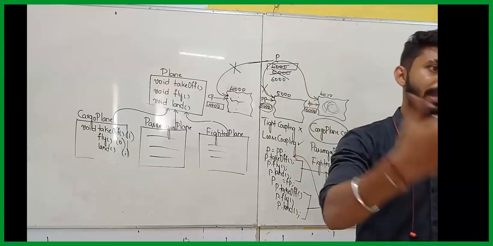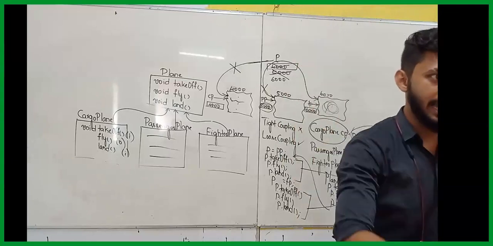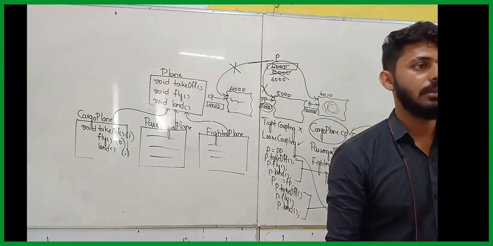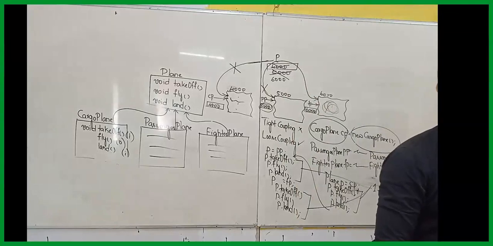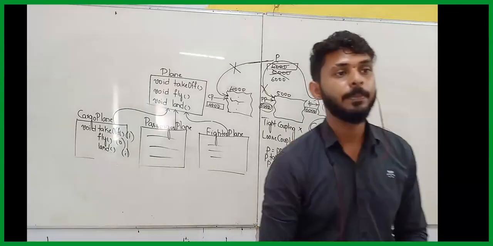Yes, already I told you. It came from parent to child. Later, child modified it, but it came from parent only. But specialized, can I refer? No. Directly, it will give an error saying what? Type mismatch.